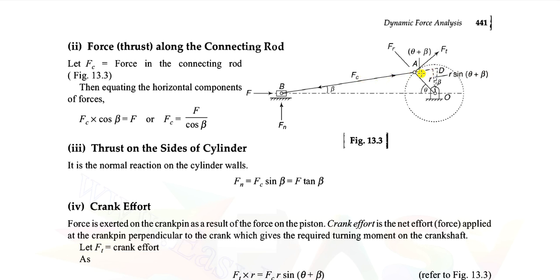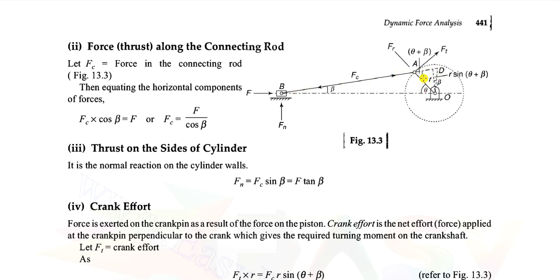And what is this angle? If I extend this Fc, meaning the connecting rod line, and then draw a horizontal, that angle is beta. If this is theta, then the total angle will be theta plus beta.